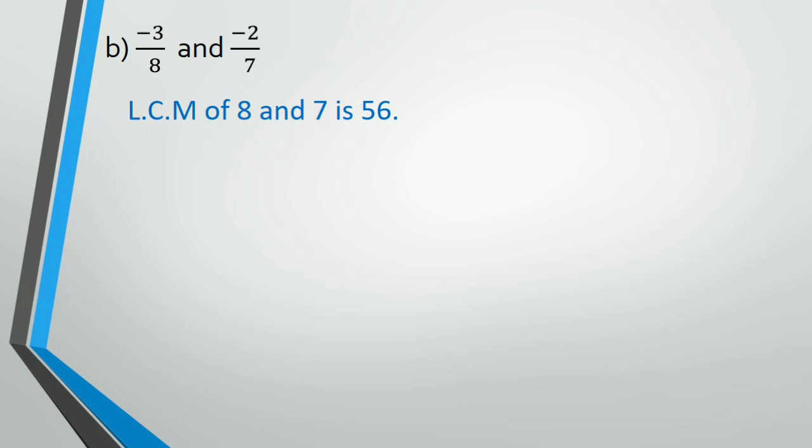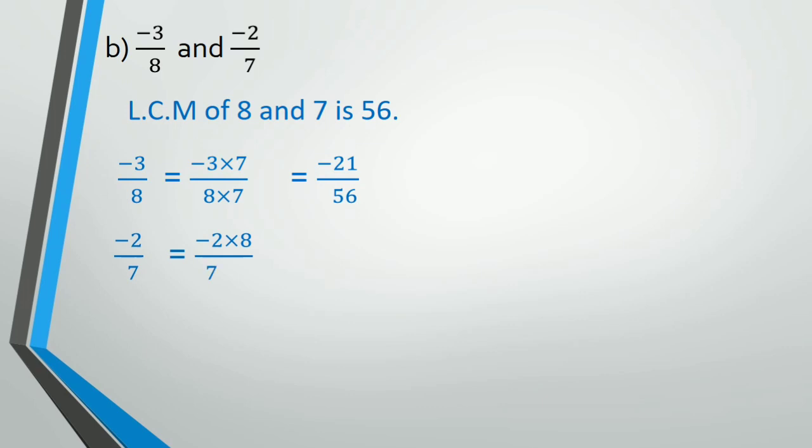Here the LCM of 8 and 7 is 56. In order to convert minus 3 by 8 to the denominator 56, we need to multiply minus 3 and 8 by 7, that is minus 21 by 56. We also need to convert minus 2 by 7 into a rational number with the denominator 56.